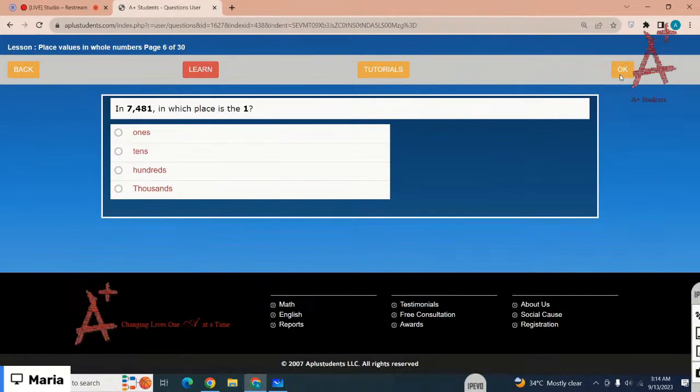In 7481, in which place is the 1? Which is the correct option? Yes, the place value of the 1 is ones. 1 is at the ones place.